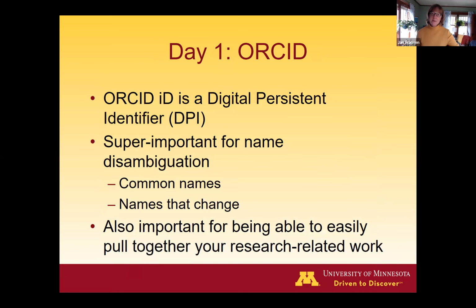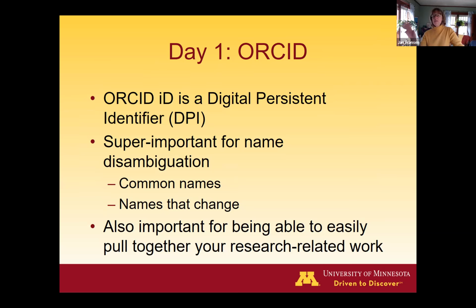I want to talk a little bit more about ORCID. I was really pleased to see in the poll that the majority of you do have an ORCID ID. For those of you who may not, the quick story is it's a digital persistent identifier, DPI, and I'm using that particular abbreviation for a reason. We often call it a PID, a persistent identifier. It's like a DOI for people.